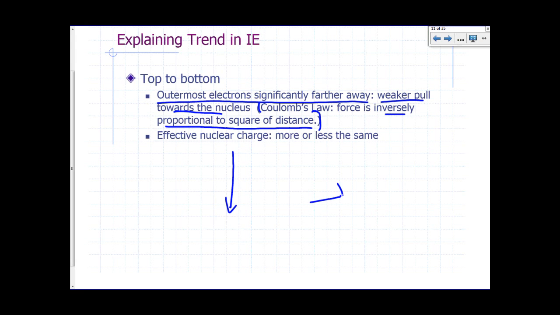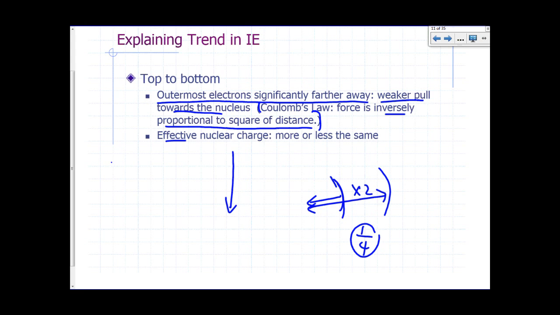So if you double the size of the shell, you double the average distance from the nucleus, and the force of the nucleus pulling in that electron is going to get cut to a quarter of what it was in an inner shell, a shell that's closer to the nucleus. So you're looking at more or less the same effective nuclear charge, but as you move further away, you're going to see a significant drop in the force on the electrons on the outermost shell. So that explains the trend in ionization energy going down a group.